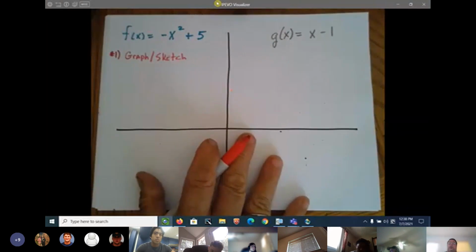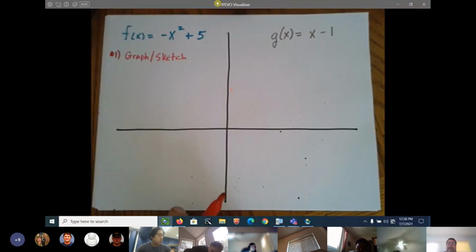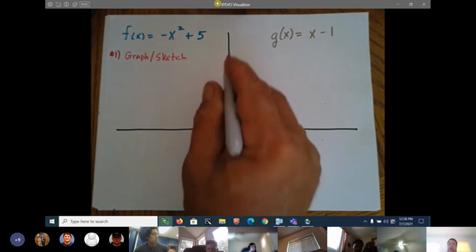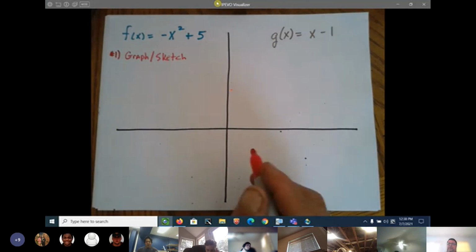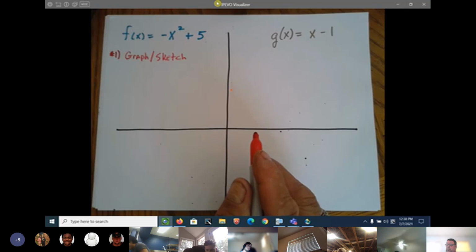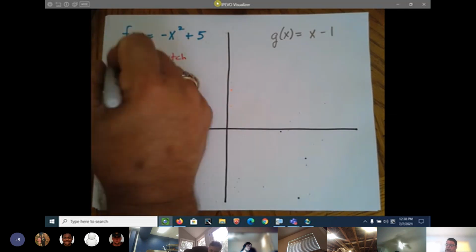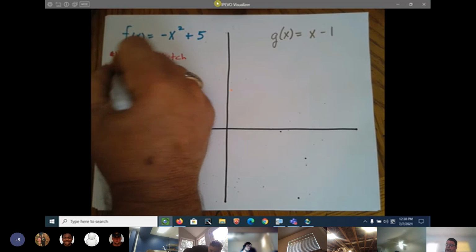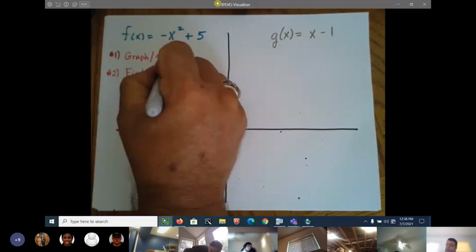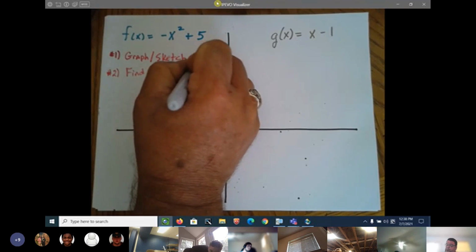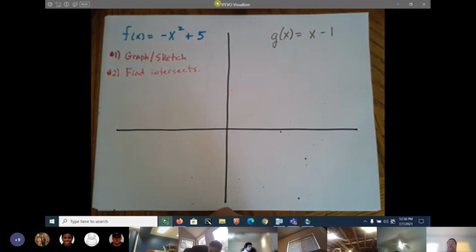Now, I'll tell you right now, if you're working on a test, you're going to handily use your calculator to graph. You don't have time on tests to sketch. Do it on your homework so you can understand what you're doing. Do the sketch after you graph it on your calculator. Number 2, find intersections. In your calculator, I showed you how to do that throughout the semester if you didn't know.